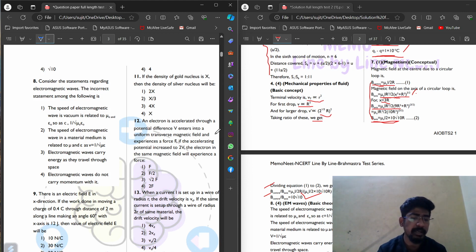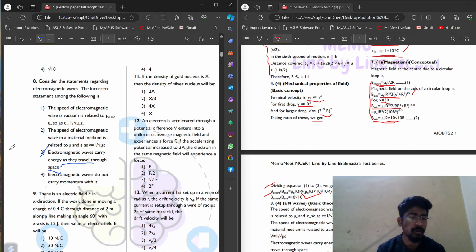Electromagnetic waves carry energy as they travel through space, this is also correct. It has to carry energy, because of the relativity formula E equals mc square. Another formula is the energy density of the electromagnetic wave, given by half B naught square by mu naught, or half epsilon E naught square.